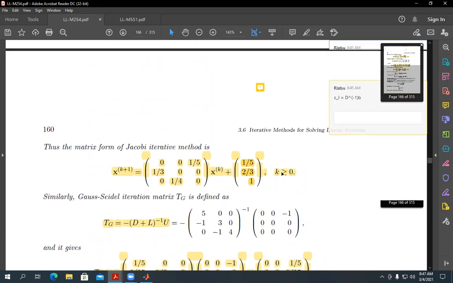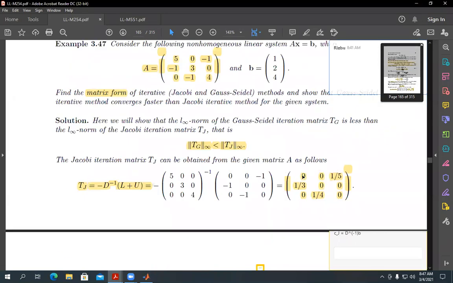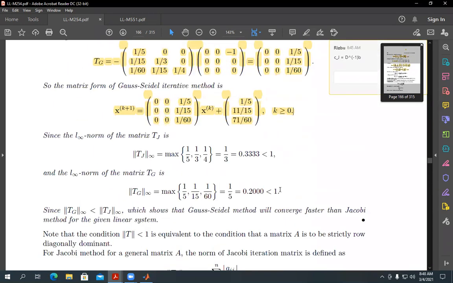So we have the TJ norm. The first row is 1/5, the second row is 1/3, and the third row is 1/4. The first row is 0.2, this is 0.33, and this is 0.25. So its maximum is 1/3, 0.33. The same way, you have TG, the maximum of this one.